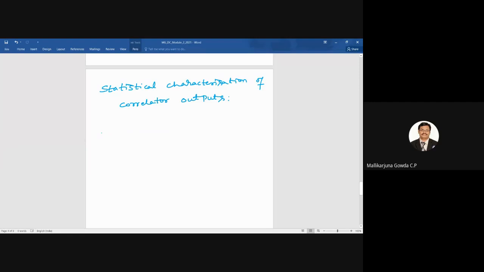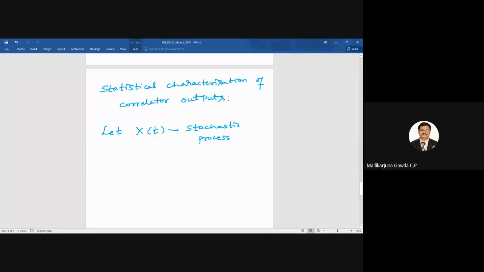Already I said capital X of t is the stochastic process, means random process.